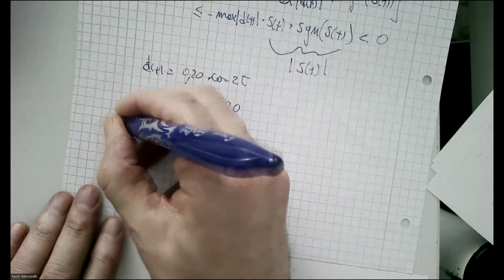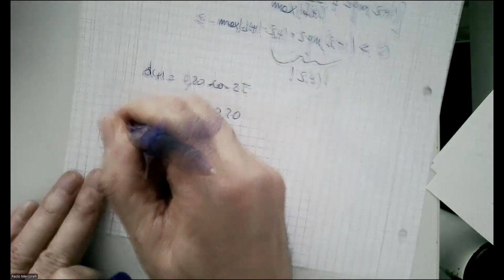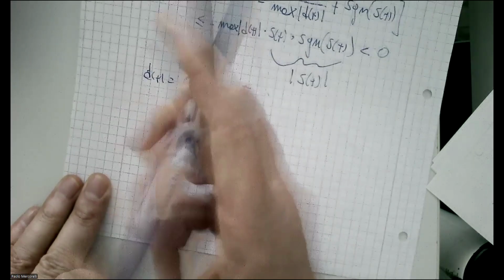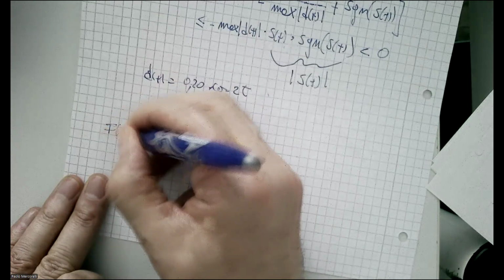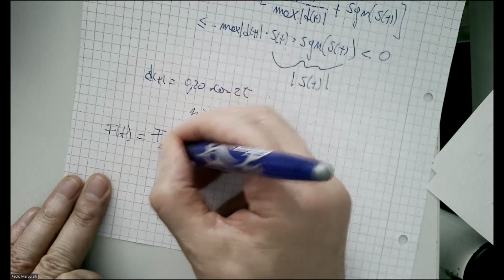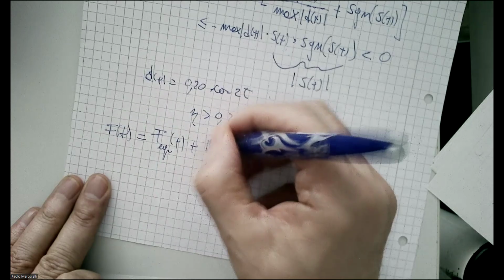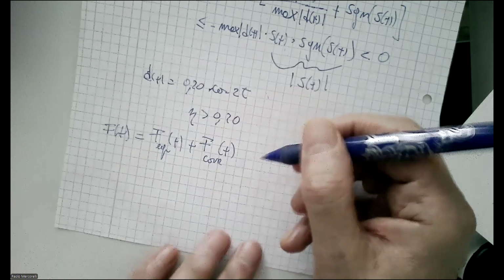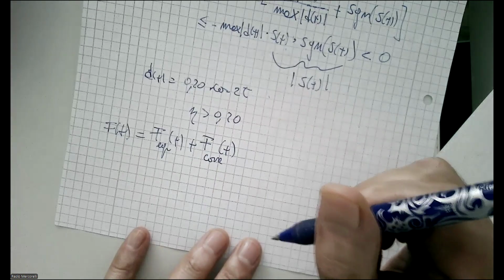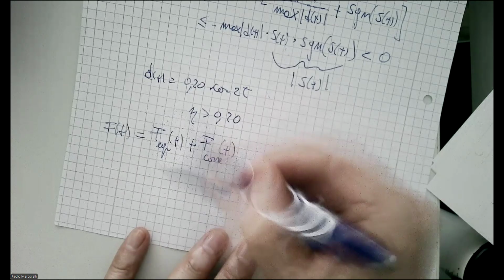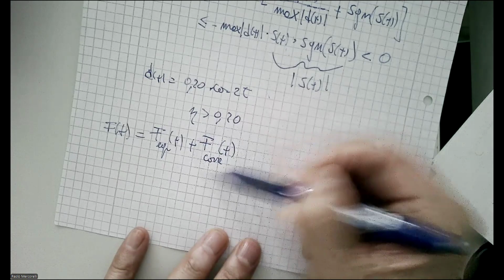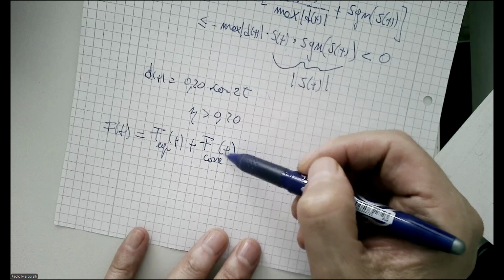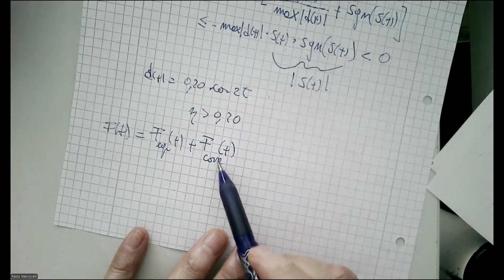You remember, basically, in this case we have f of t equals f equivalent of t plus f corrective, or switching. Now, with the corresponding sign here, the corrective part, if you remember, is minus m multiply eta multiply sgn of s of t.